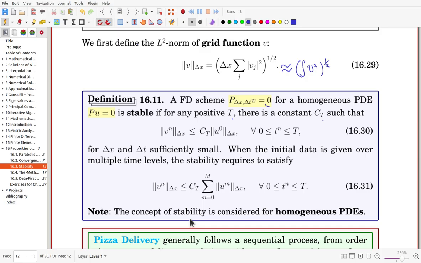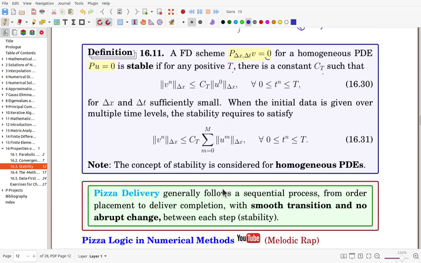So it is not really an aspect of the algorithm. We want to see the stable behavior of the algorithm, so when we are checking stability, we will consider only homogeneous partial differential equations. It is quite a reasonable change.